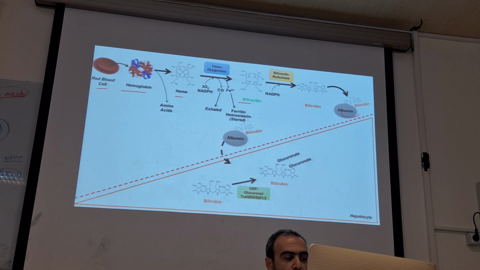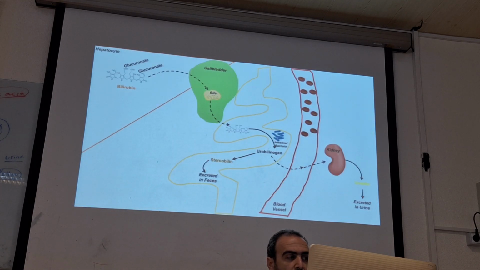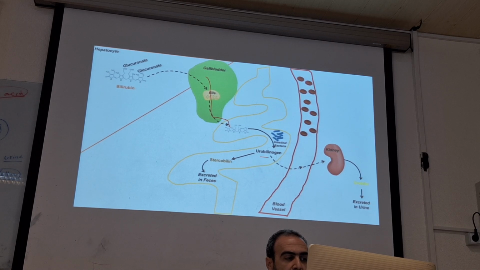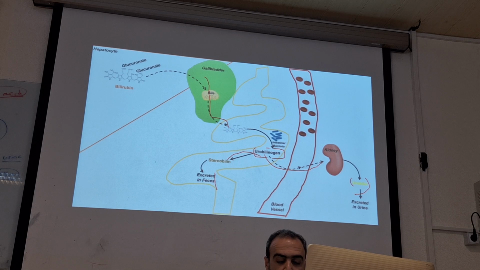In the liver, 2 molecules of glucuronic acid are added by glucuronyl transferase, and then we send them to the gallbladder. In the gallbladder, as a form of bile, we send them to the intestine. In the intestine, it is converted to urobilinogen, some part to stercobilin, excreted, and some part to the kidney, the urobilin.